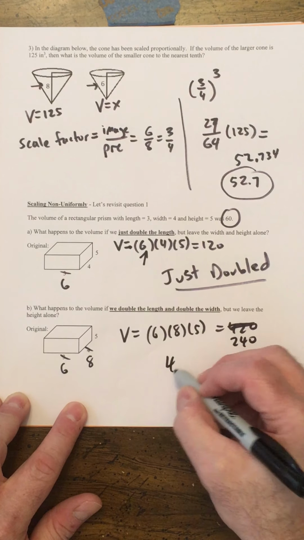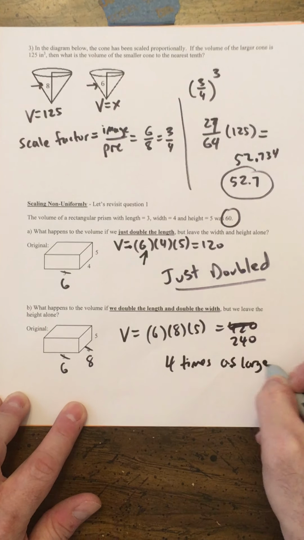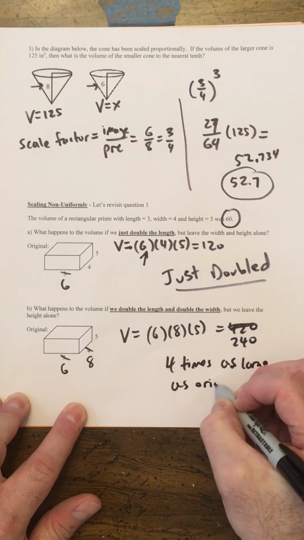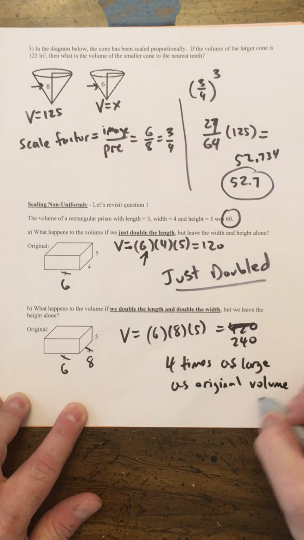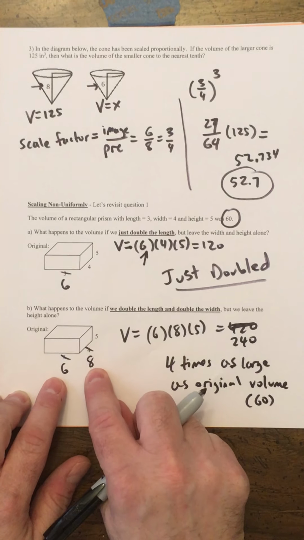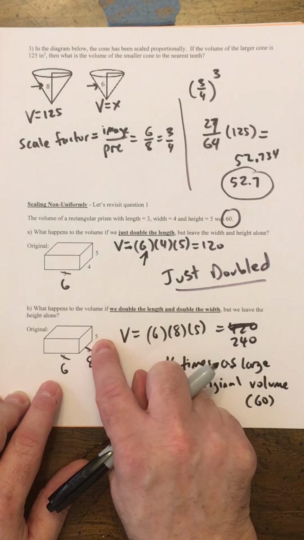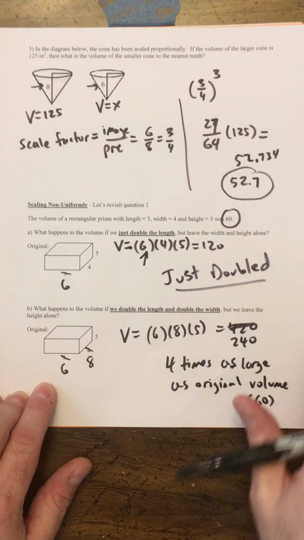And this is 4 times as large as the original volume, which you know was 60. Okay? Because we doubled this dimension, we doubled this dimension, we did not double this dimension, so a double times a double is a 4 times, our scale factor is 4 times as large.